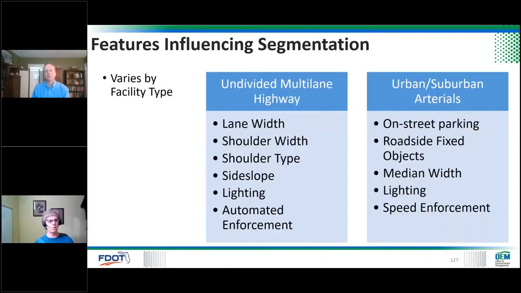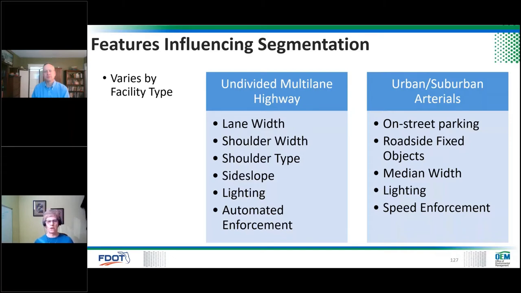So for example, on an undivided multi-lane highway, these are the characteristics that influence segmentation. And in an urban and suburban arterial, these are the factors that influence selection of the SPF.